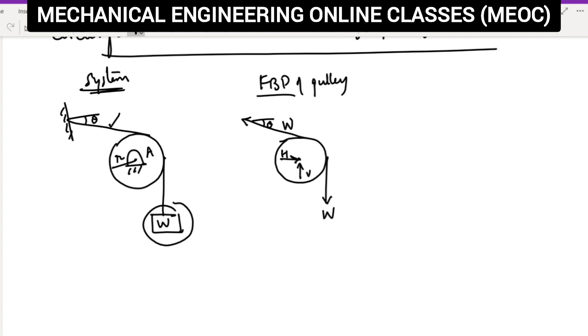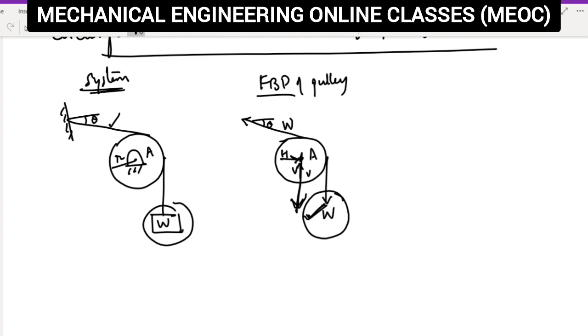Now let us see if we can. We have already learned how to transfer a force from one particular point to another particular point. So now I am trying to replace or transfer this weight force to this particular point A. I want to shift this W so that it passes through point A, without changing the effect.